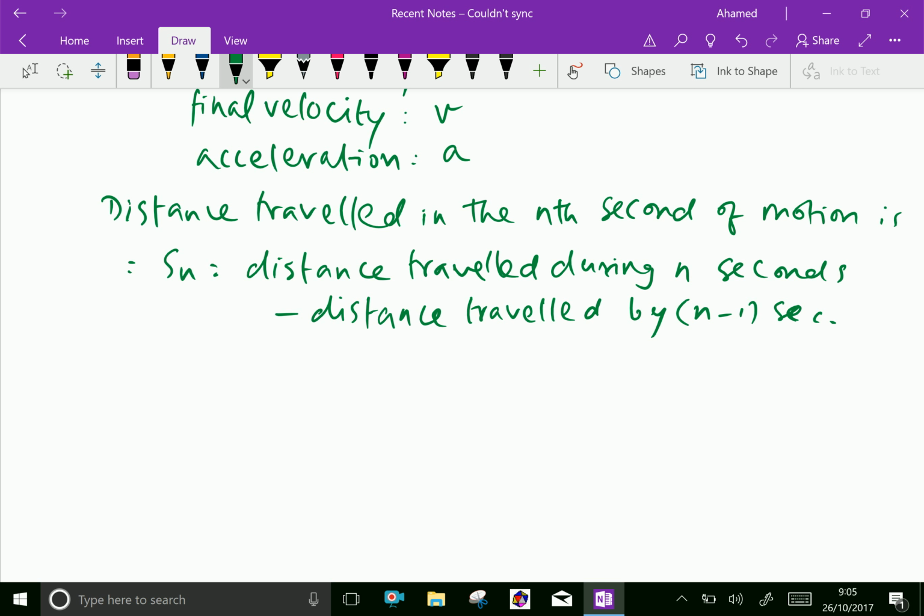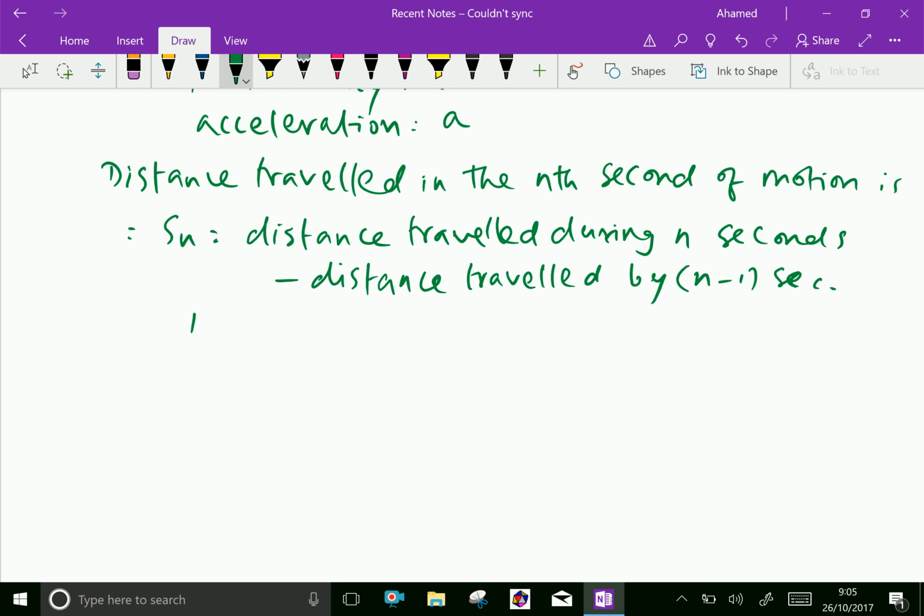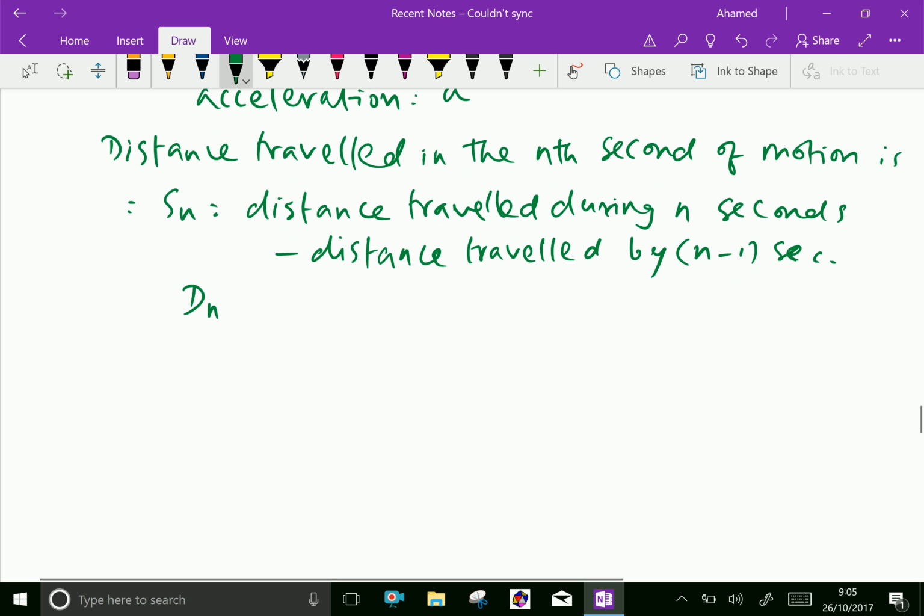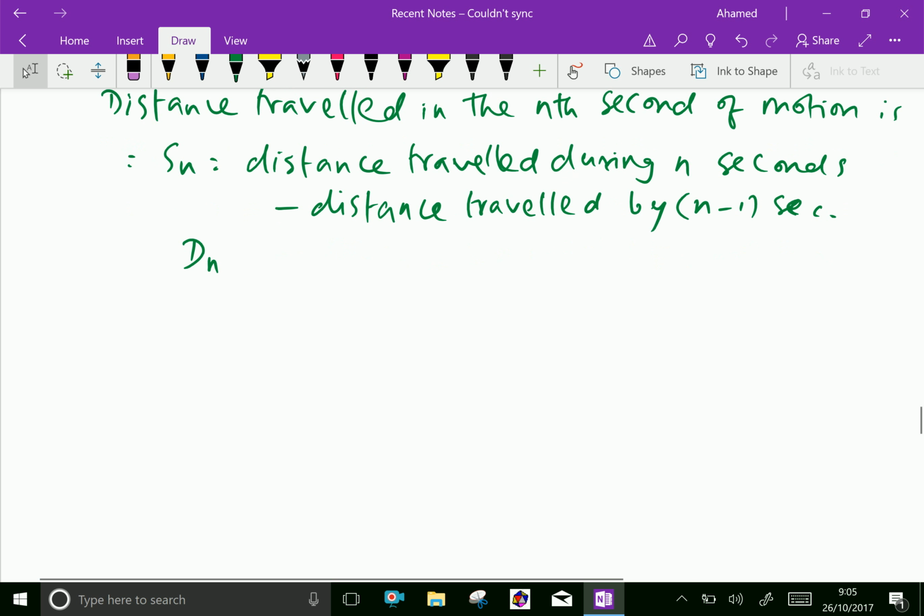Now we can derive that. Dn means distance traveled in n seconds, not the nth second. Dn equal un plus half an squared, because instead of t we are writing n.